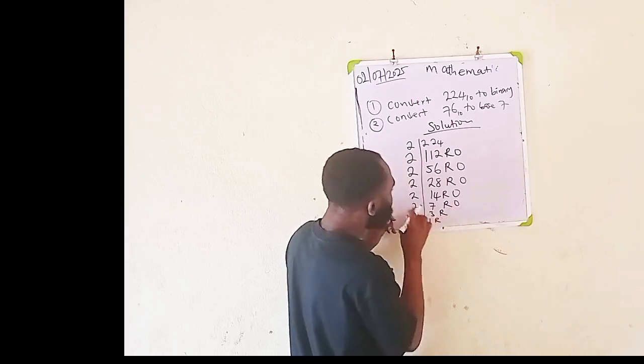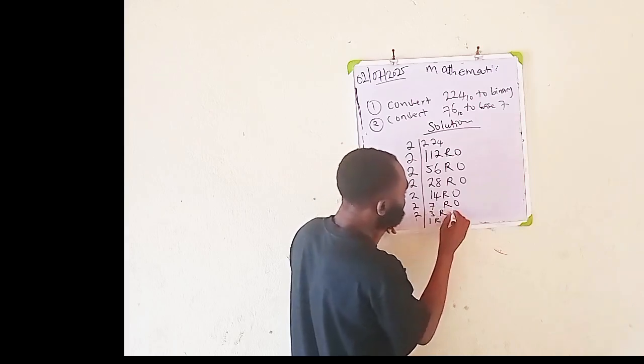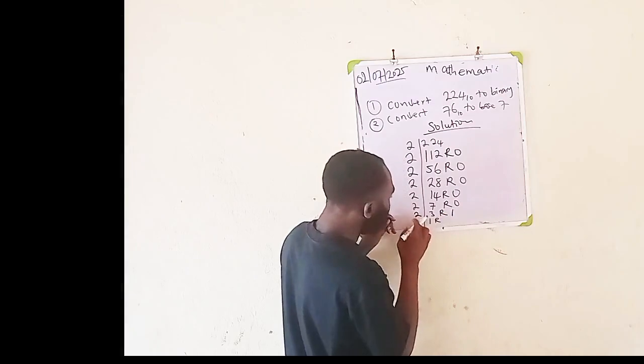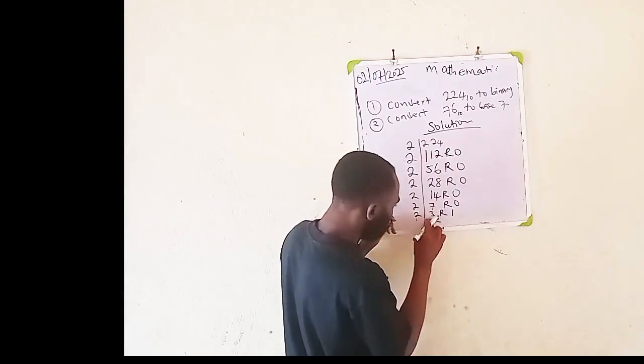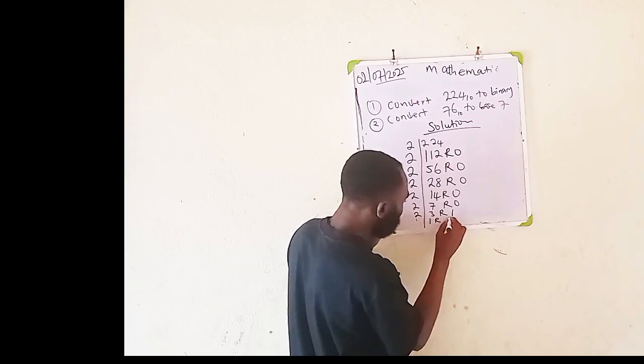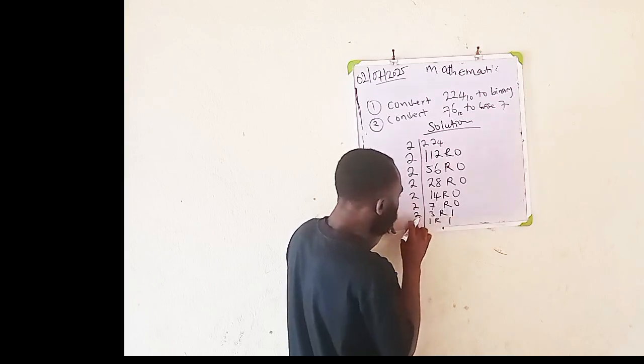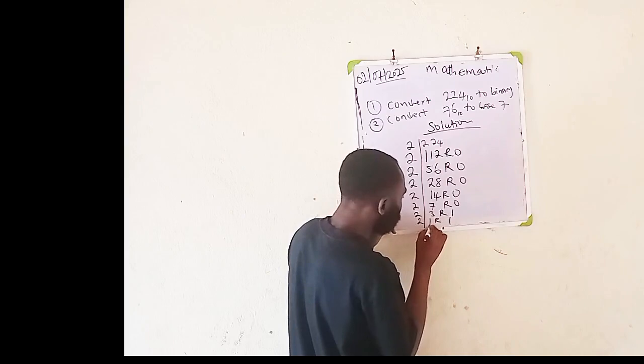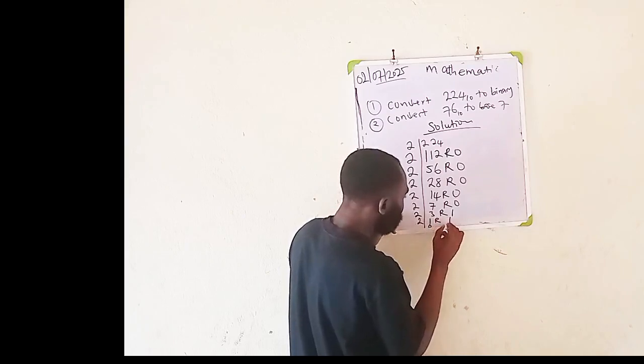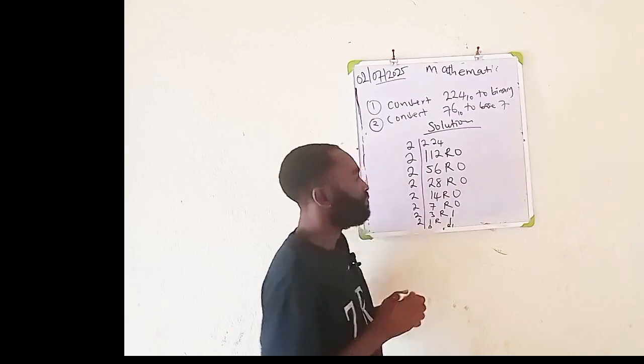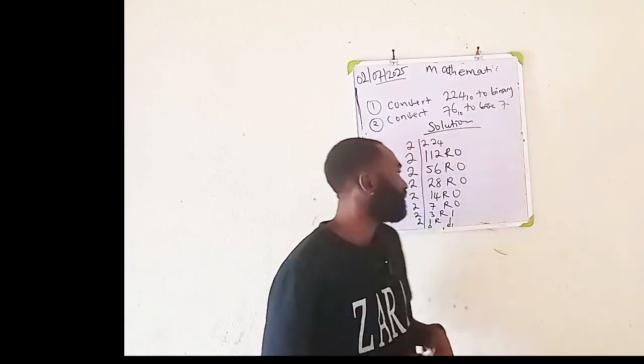Sorry, 2 into 7 is 3 times, remainder 1. And 2 into 3 is 1 time, remainder 1. And 2 into 1 is 0, remainder 1. So as simple as that.